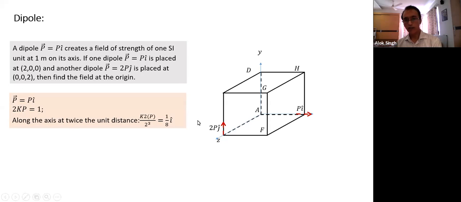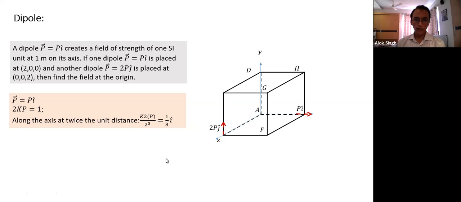So along the axis, what is the field this one creates at A? Point A is lying on its axis. Hence, it will be k times twice the magnitude of the dipole moment divided by the cube of the distance 2, that is 2q. And what will the direction be? Same as the direction of the dipole moment. So 1 by 8 i cap. Okay.